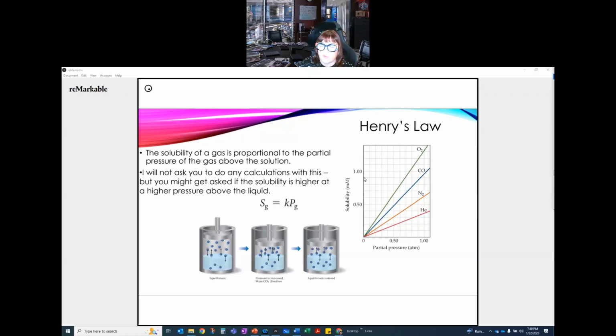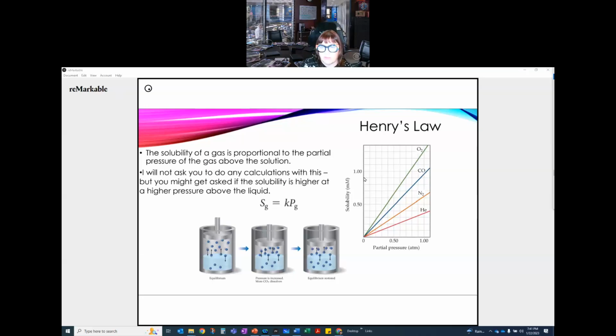Is that CO2 going to be more or less soluble? And the answer is more, because the higher pressure means that it's going to push harder down. It's going to be more likely to stay in that solution. Okay, that is actually why sodas are overpressurized when you get them, is to try and keep that CO2 in solution. Okay, that ensures that it's carbonated when you get it. Okay, so that's what we're talking about there.